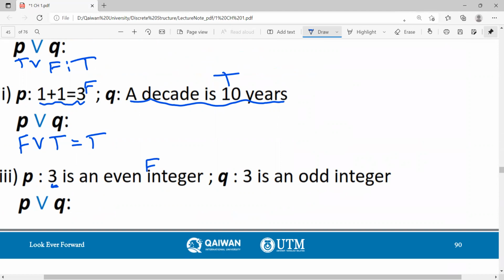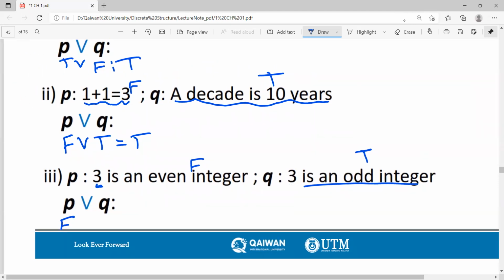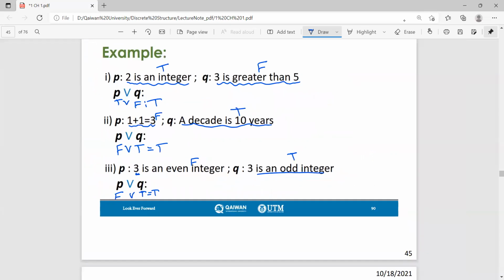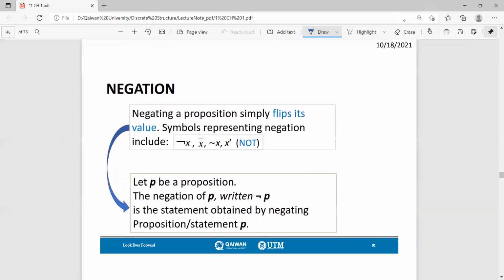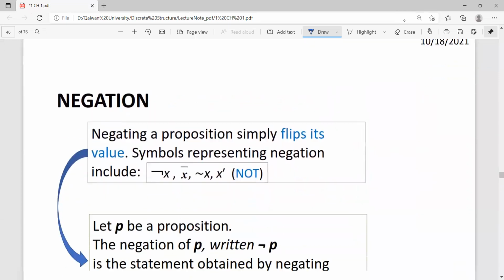It's false because 3 is odd, it's not even. 3 is an odd integer. This is true. False or true is true. And that's about disjunction.